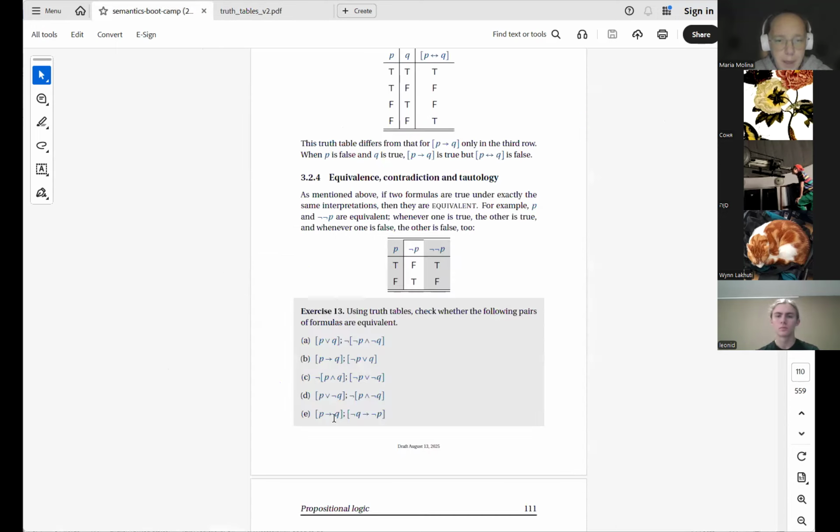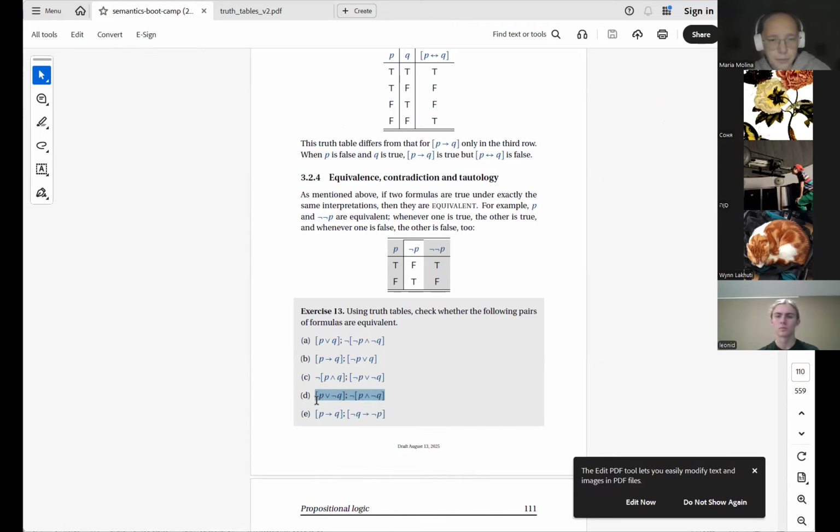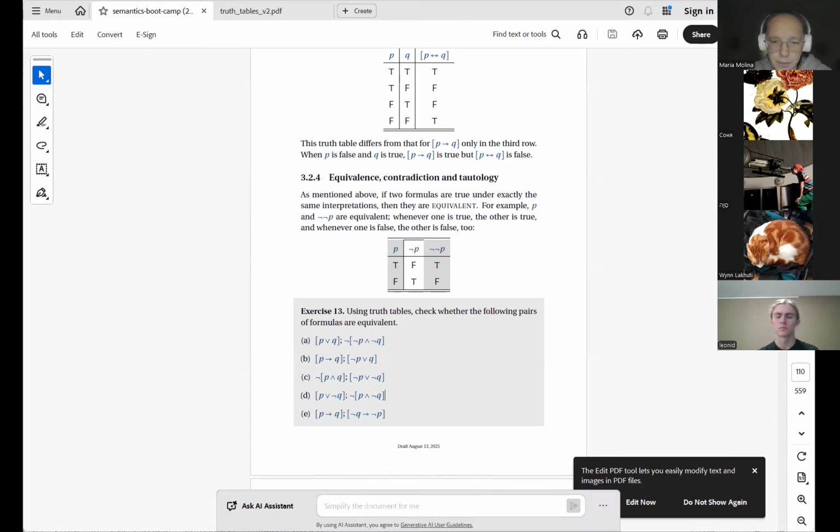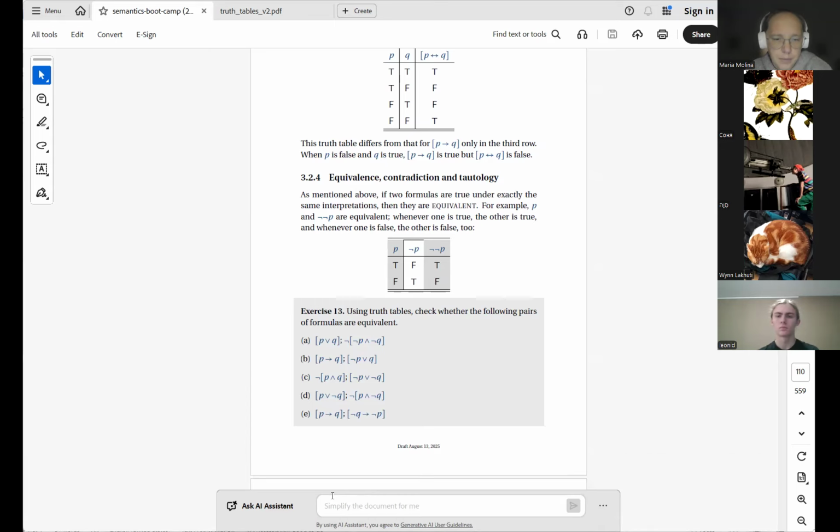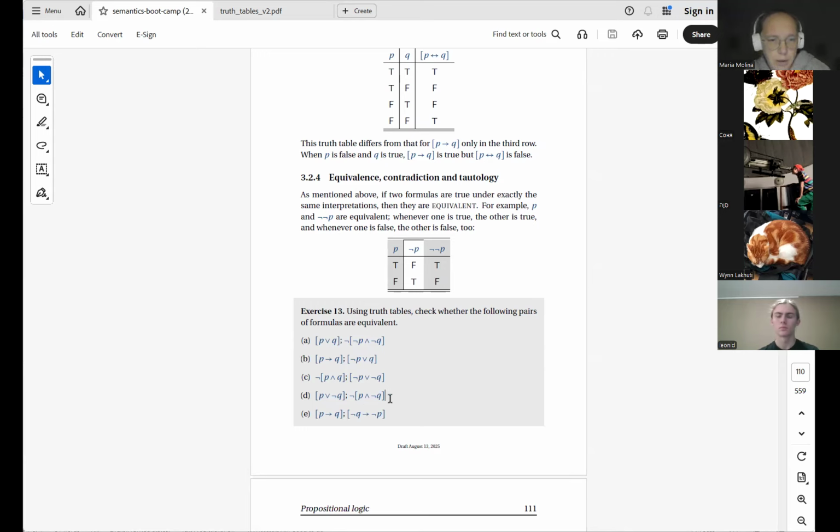D: P or not Q, and not P and not Q. Sorry, P and not Q. Yeah, the second formula.